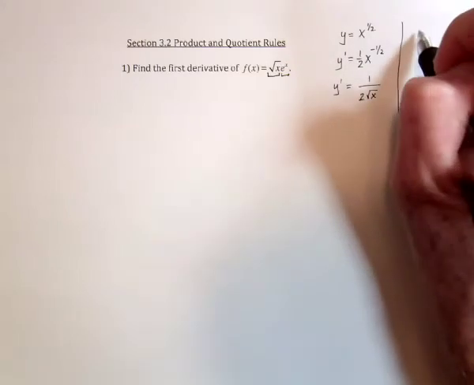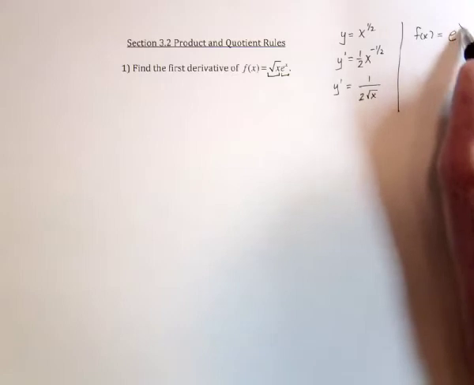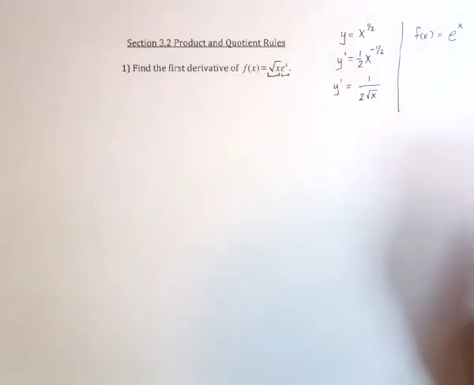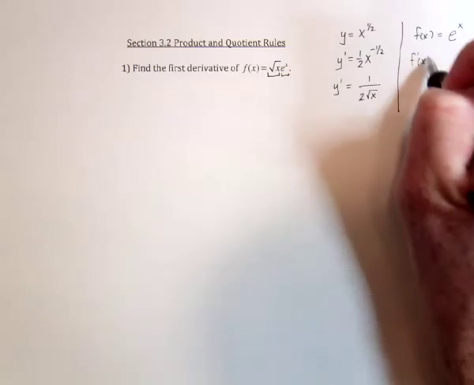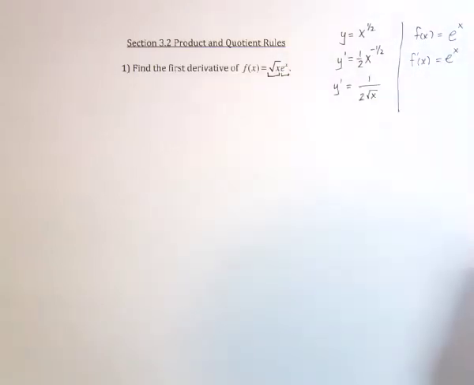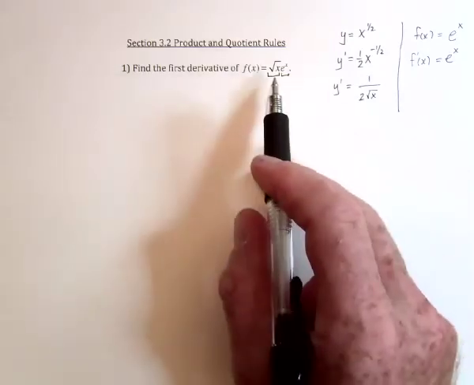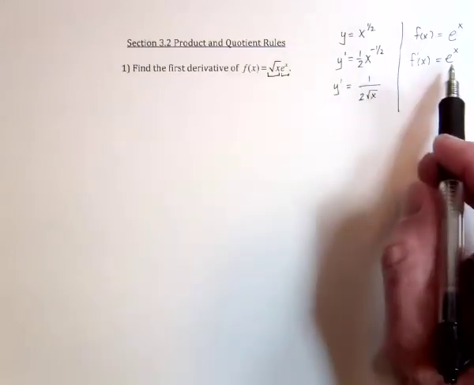And then if we had a function equal to e to the x, then we could take the derivative of that. Well, that's the easiest derivative there is. It is just itself. Okay, but when we take the derivative of a product, you have to take the derivative of each one, but only one at a time.